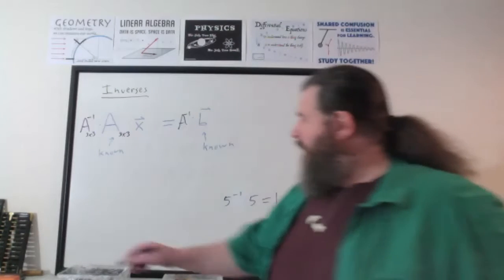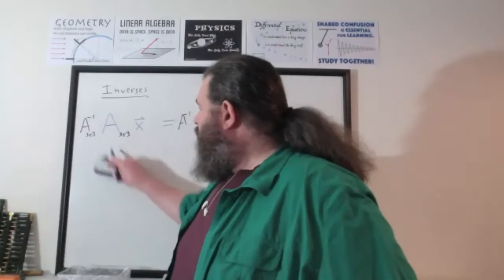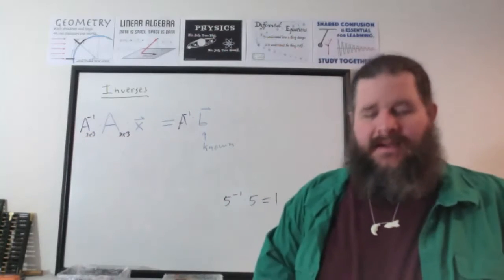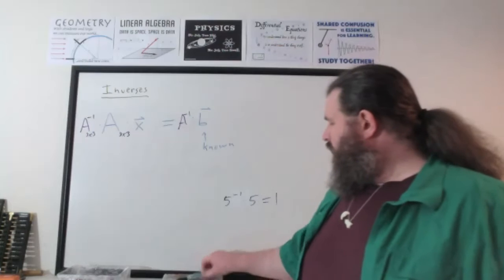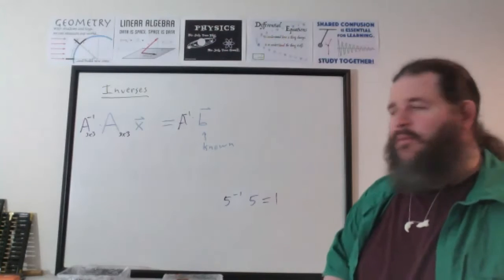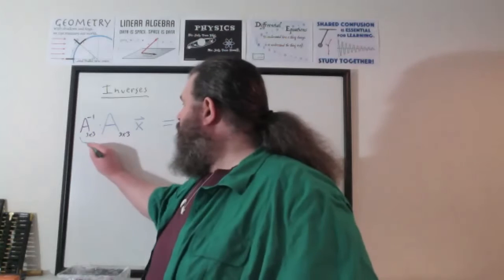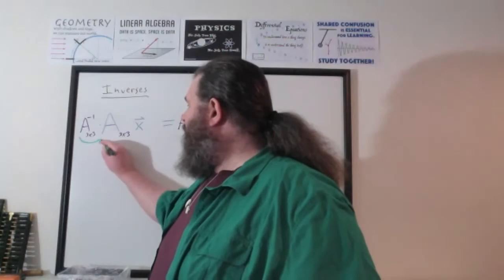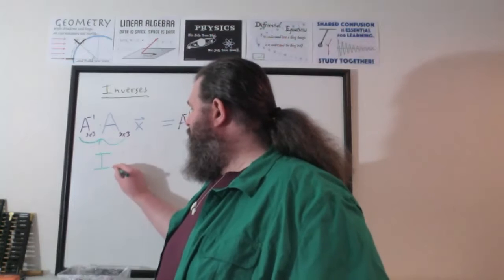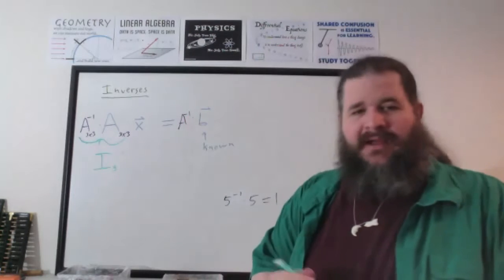Yeah, the identity matrix. An inverse of a matrix is a matrix you can multiply by that matrix to turn it into the identity matrix. Just like the inverse of 5 was a number you could multiply by 5 to turn it into the number 1. So any matrix times its own inverse, by definition of inverse, is going to be the identity matrix of the appropriate size. In this case, 3x3.